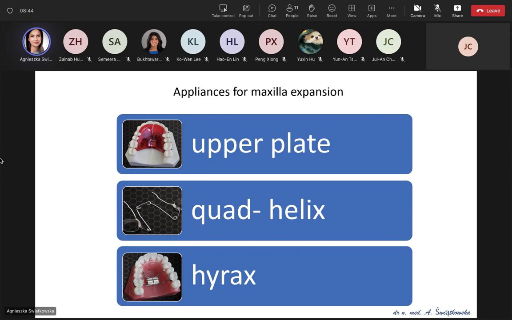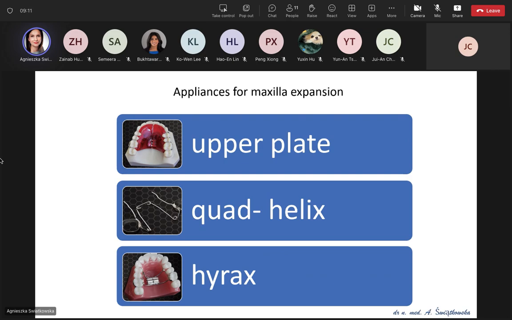It's expansion when we open the palatal suture. So we don't influence teeth position, but we open the palatal suture. And we can open this palatal suture with quad helix when the patient is about 10-11 years old.